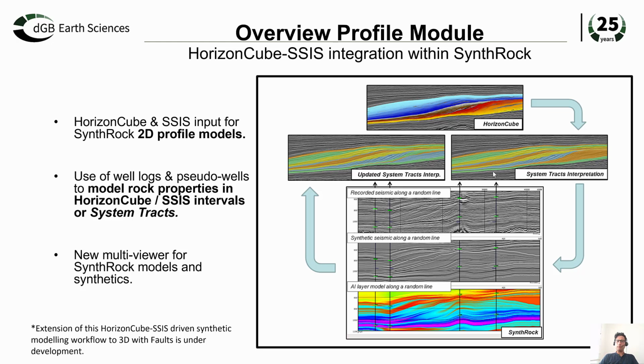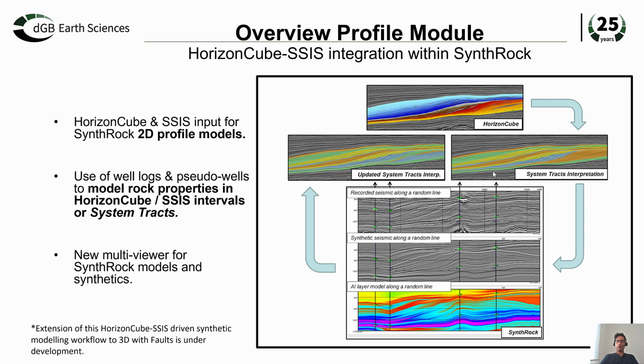And this is an extremely powerful tool to simulate your stratigraphy and use that synthetic data as input to machine learning training. Now, this tool is currently supporting only creation of 2D models, but we are working on extending this tool to 3D.